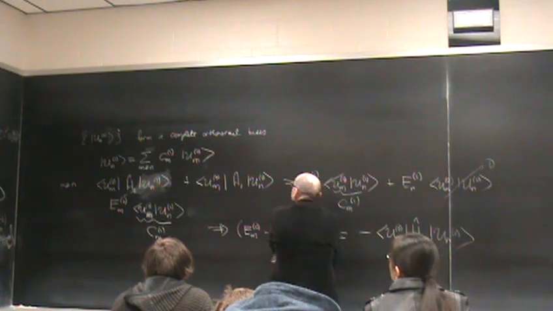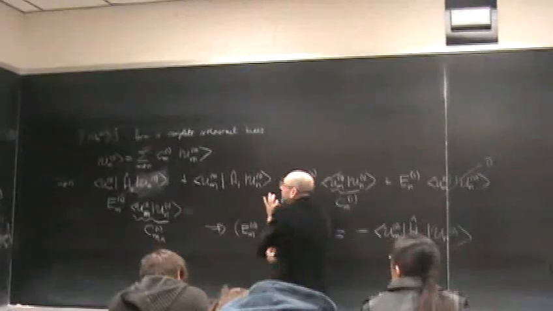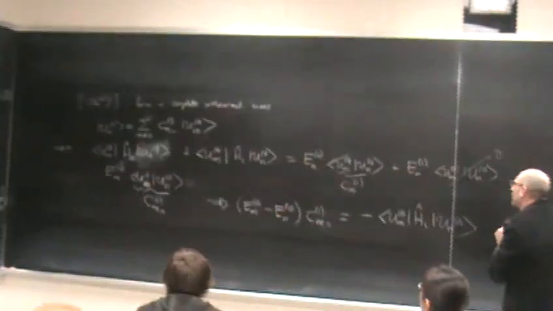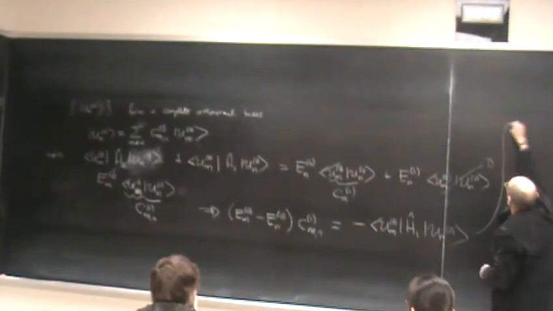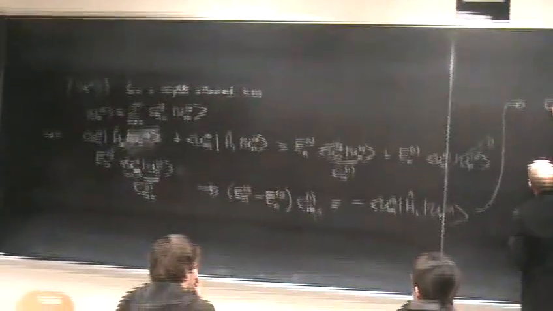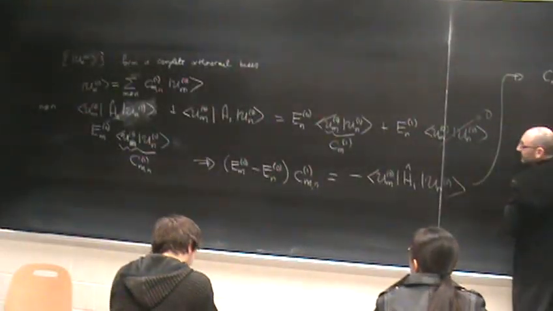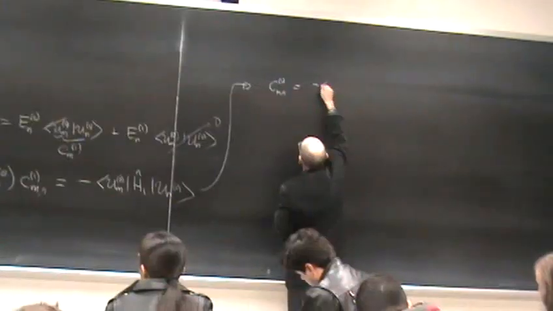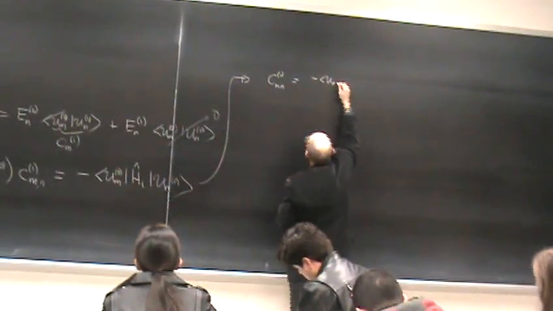It is for that n, but it's just that index, it's just this one that I'm solving. You're right. It is for that n. We can solve it and find that this is equal to this off-diagonal matrix element.